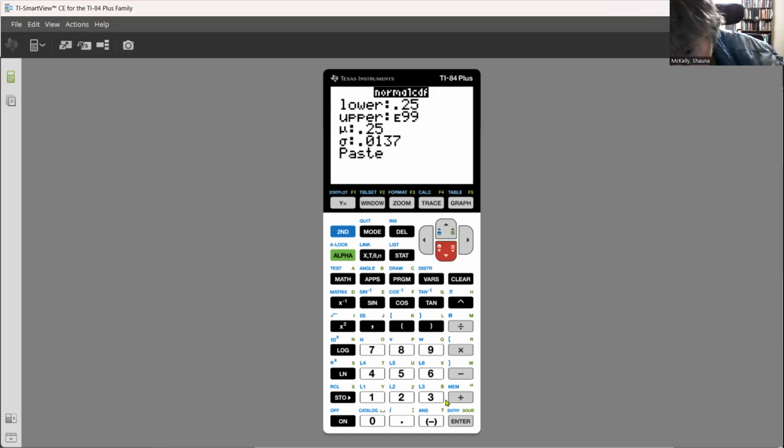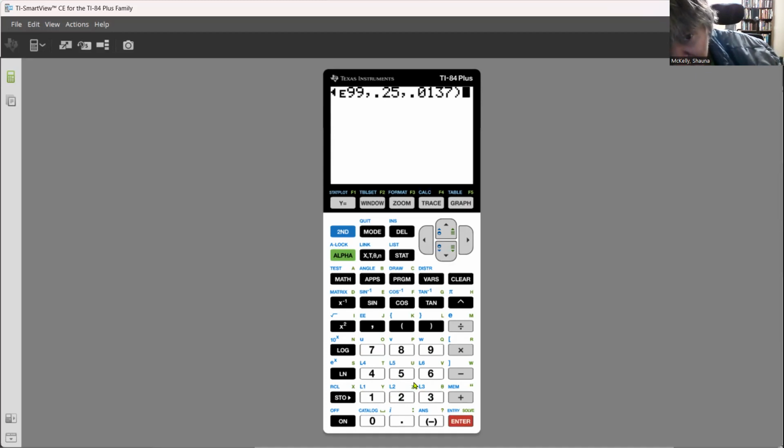Paste it. For some of you that don't have this, you might have a line that looks like this with just the parenthesis. But either way, you'll get this line. Hit enter, and you get your decimal, okay?